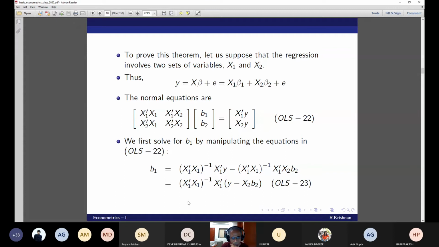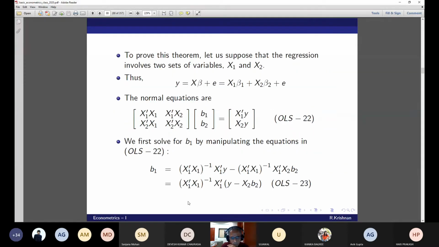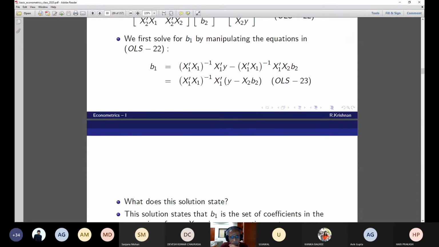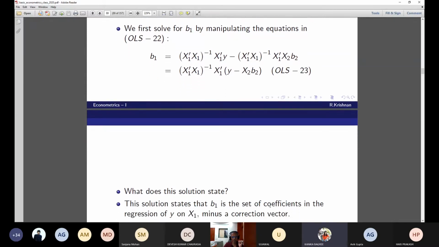But this is not what we want. We want b2. Okay, look at this. So what does the solution state? Can you make out anything from OLS 23? The solution states that b1 is the set of coefficients in the regression of y on x1 minus a correction vector.